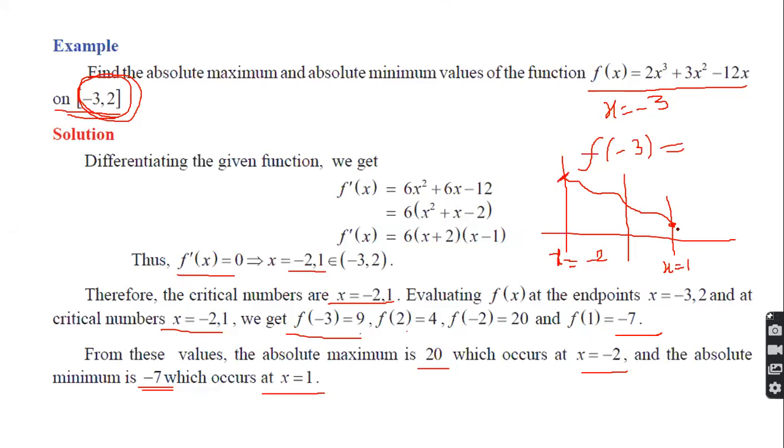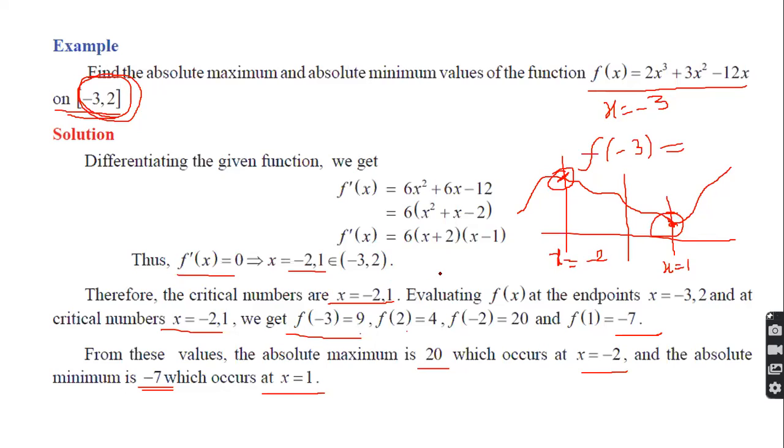After that, the function may go like that. So if it is a continuous function, then when x equal to minus 2, it attains the maximum value, and when x equal to plus 1, it attains the minimum value.